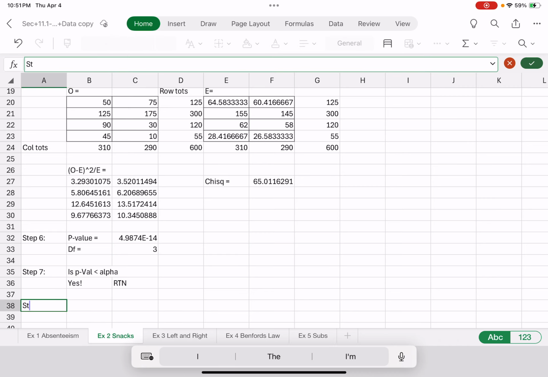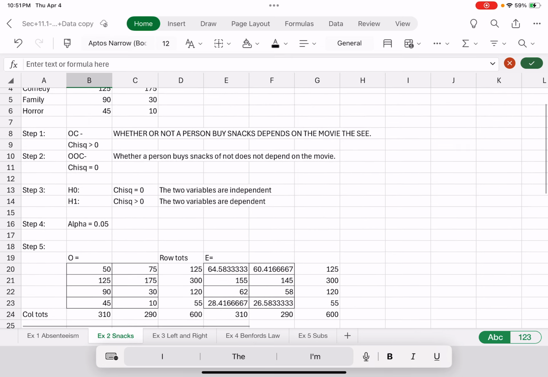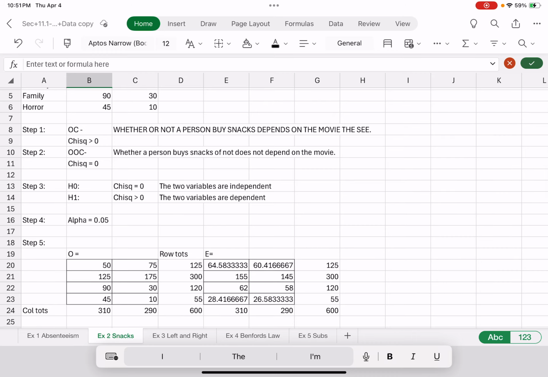Step 8. Step 8, what was my original claim? My original claim is that whether or not a person buys snack depends on the movie they see. Now, that was the original claim, but that was not the null hypothesis. The null hypothesis was the other one, that it does not depend.